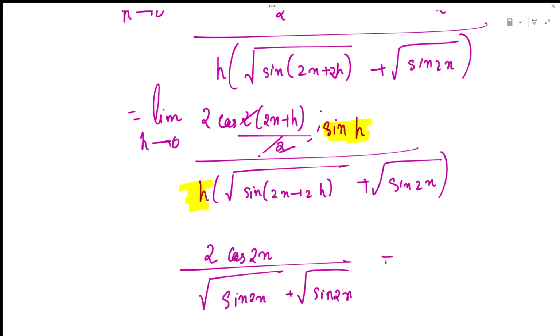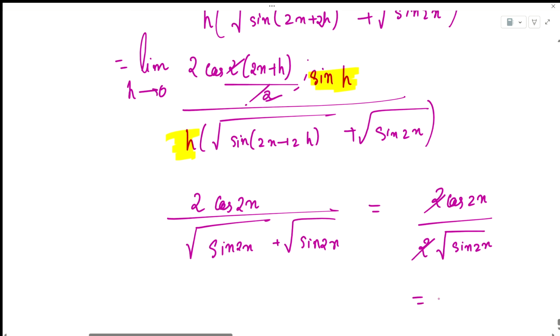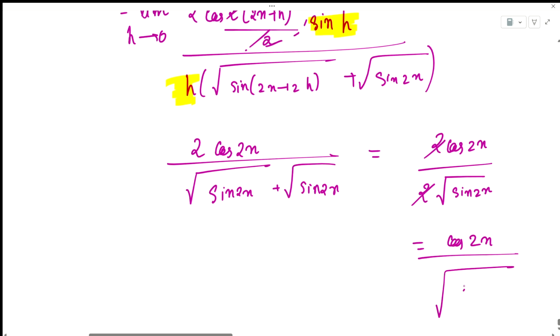So I get 2 cos of 2x divided by 2 times square root of sine 2x. This 2 and 2 cancel out, so I have cos 2x upon square root of sine 2x. This is going to be my answer.